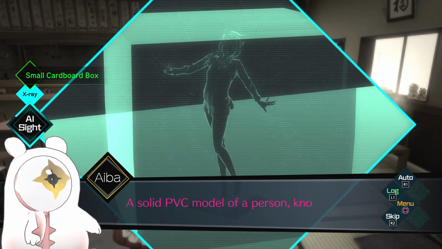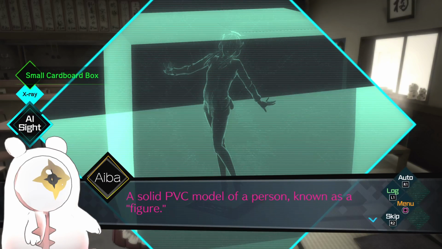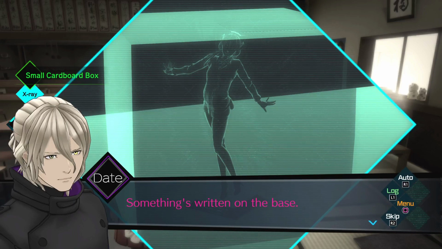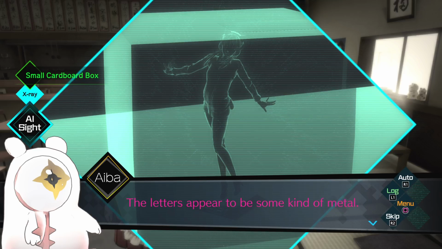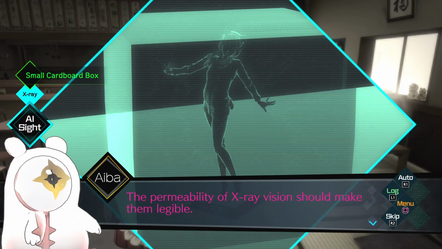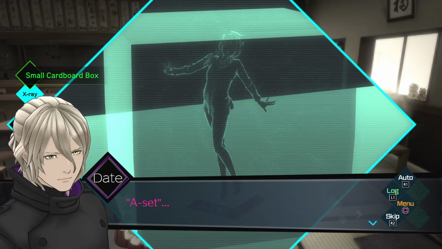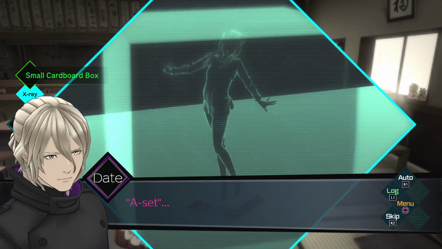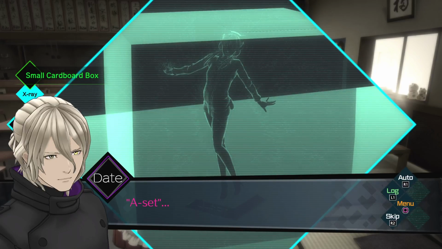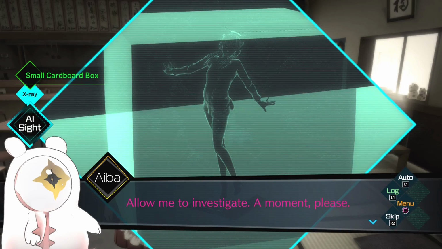A solid PVC model of a person, known as a figure. Something's written on the base. The letters appear to be some kind of metal. The permeability of X-ray vision should make them legible. A set. Allow me to investigate. A moment, please.